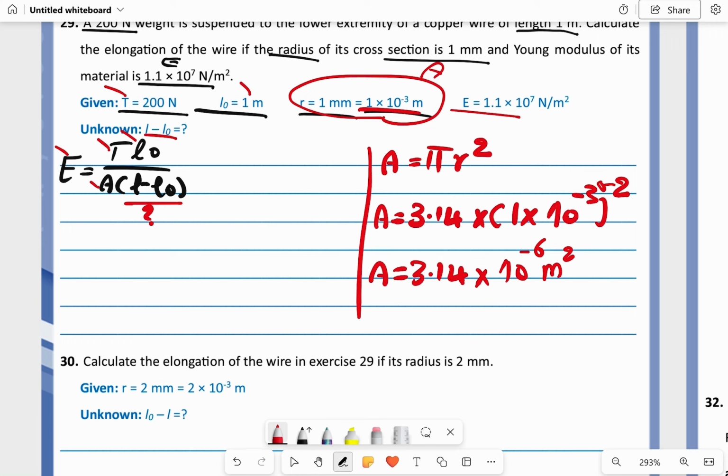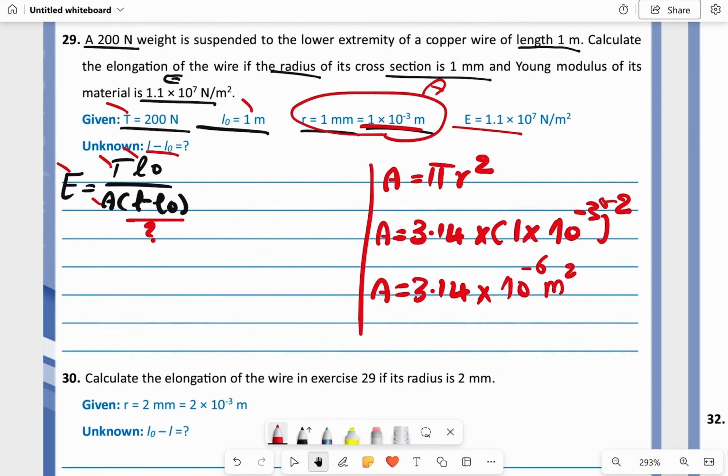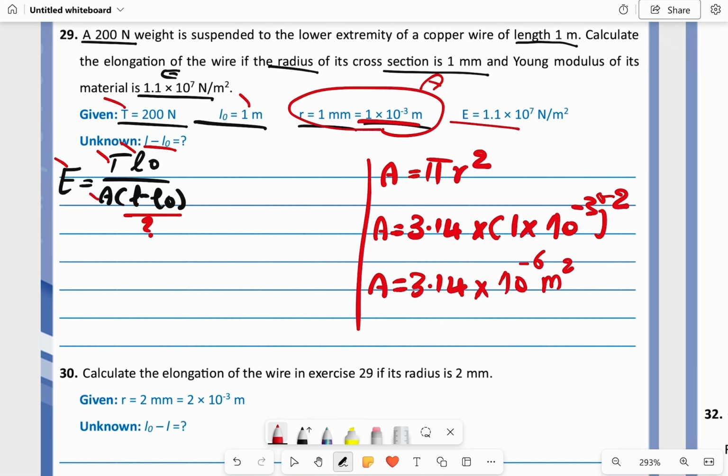Then it says calculate elongation. We studied in the previous videos, you can check them, how you can rearrange this equation. So you have elongation, which is equal to tension multiplied by initial length divided by Young's modulus multiplied by area.